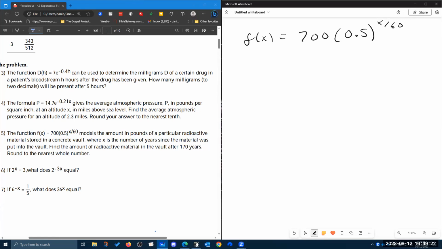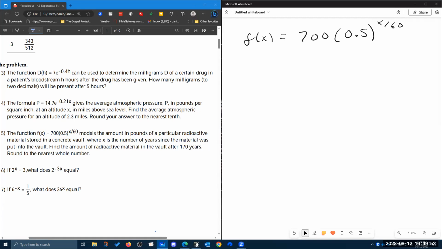It models the amount of pounds of a particular radioactive material stored in a concrete vault, where x is the number of years since the material was put into the vault. So the way I would read this is that it takes 60 years for radioactive decay so that only half of the original material is left. So in 60 years, we'd have 350 pounds of material. We started off with 700 pounds.